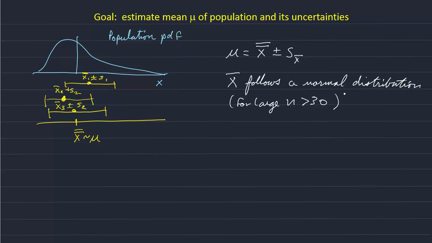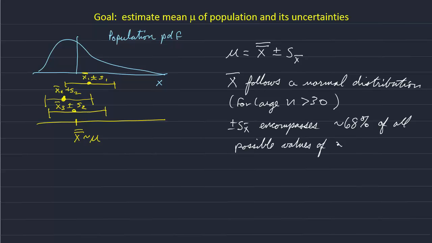So given that our sample means follow a normal distribution, we know that plus and minus 1 standard deviation of our sample means, so plus and minus S x bar, encompasses about 68% of all possible values of x bar, and that also includes the population mean.